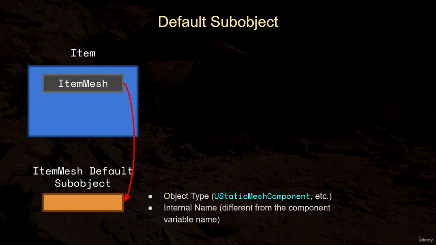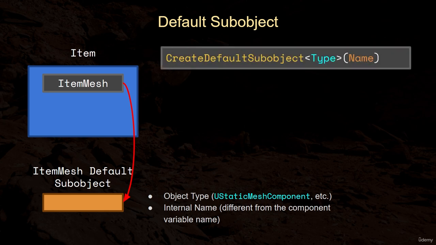To create a default subobject, we use a template function. Remember, we just learned about template functions. They're just functions that also have angle brackets that receive a type as a parameter. So they're very versatile, and CreateDefaultSubobject can take different component types. So in the angle brackets, we provide the component's type, such as UStaticMeshComponent.